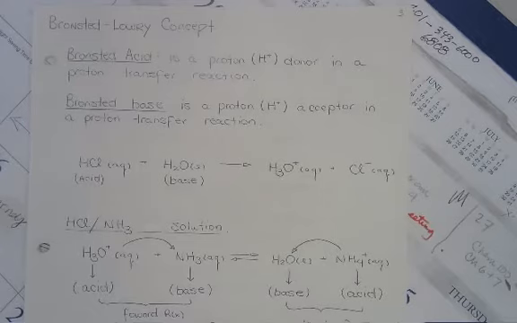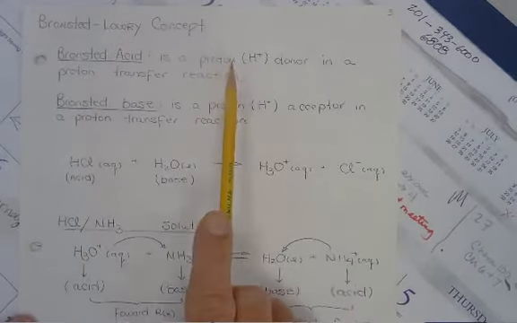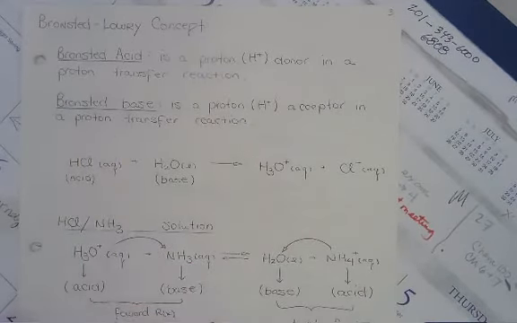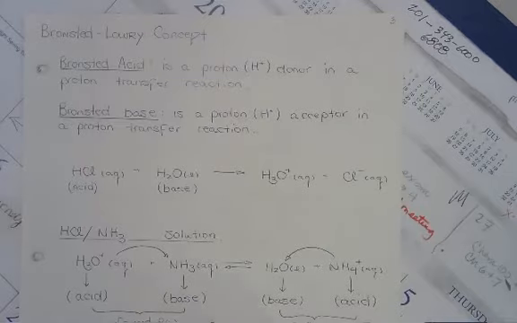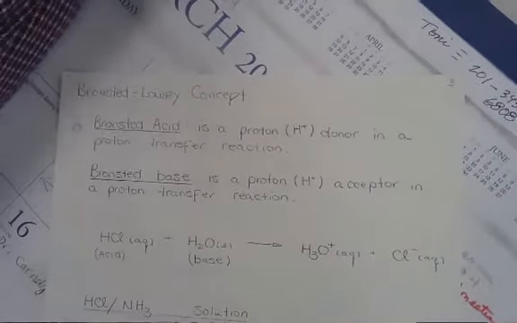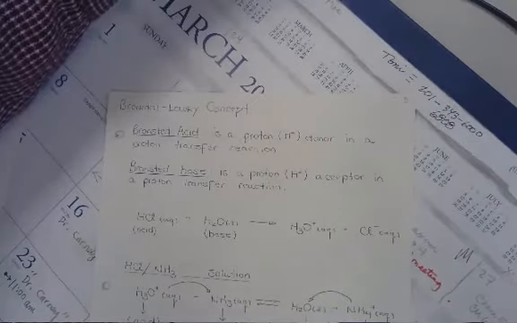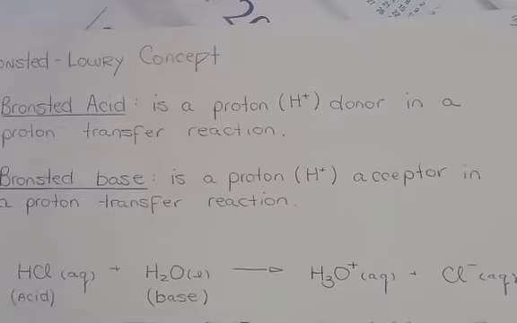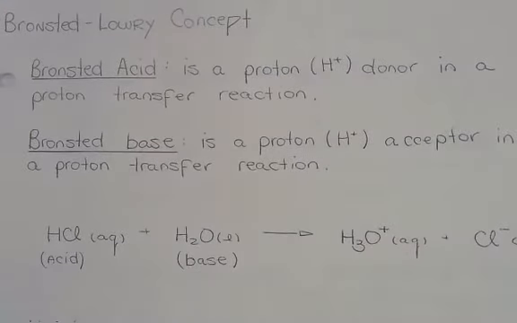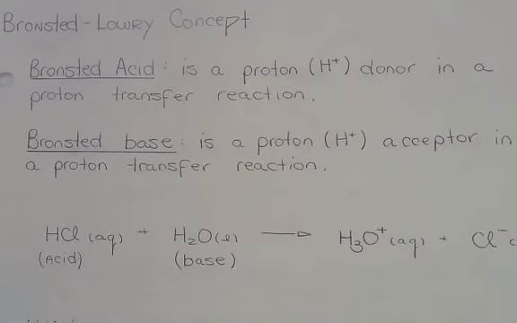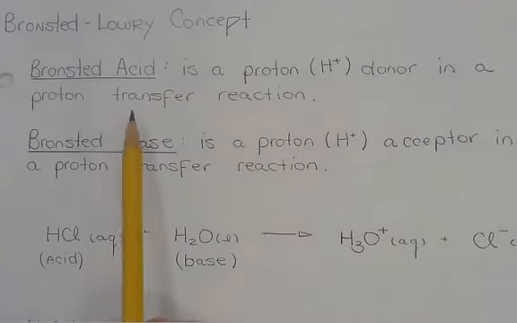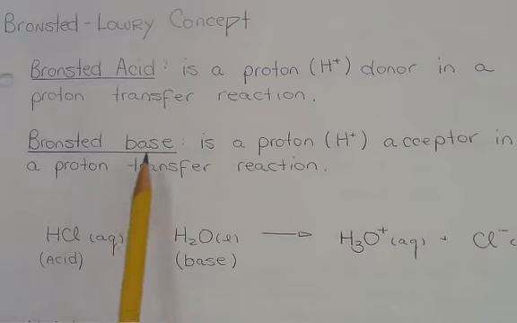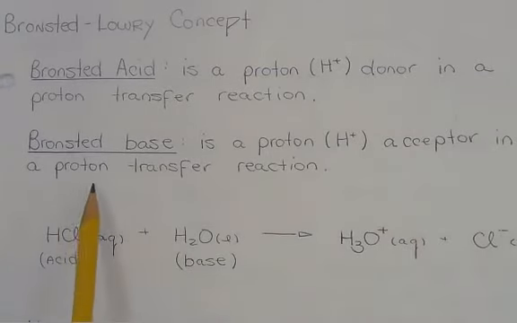So in a Bronsted-Lowry concept, a Bronsted acid is any substance that is a proton donor in a proton transfer reaction, and a Bronsted base is a proton acceptor in a proton transfer reaction.